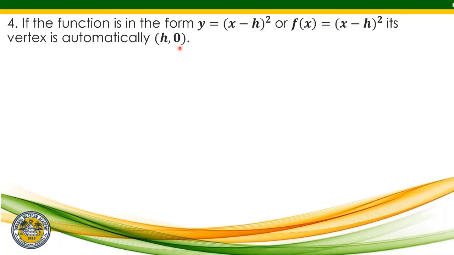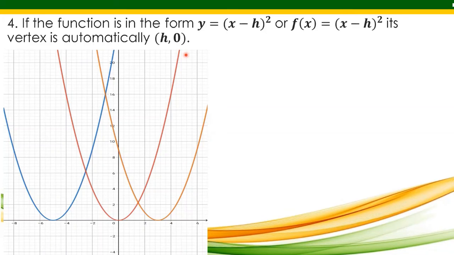Ang wala namang value ay yung k. So ibig sabihin, dito sa example number 4 natin, meron tayong x-intercept. So ganito yung magiging itsura ng inyong graph. So kung kanina, ang may value ay k, pataas at baba, dito naman kapag ang may value ay h, kanan or kaliwa.